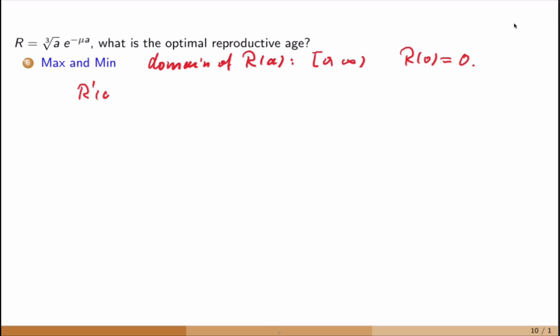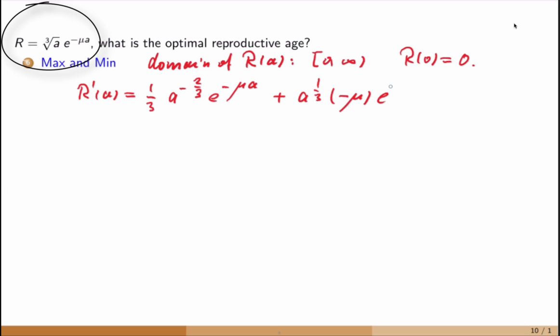R prime of A is, so we have a to the 1/3, so the derivative is 1/3 a to the minus 2/3, e to the minus mu a, and then product rule, so plus a to the 1/3 times minus mu times e to the minus mu a. And then we can factor out a few things.